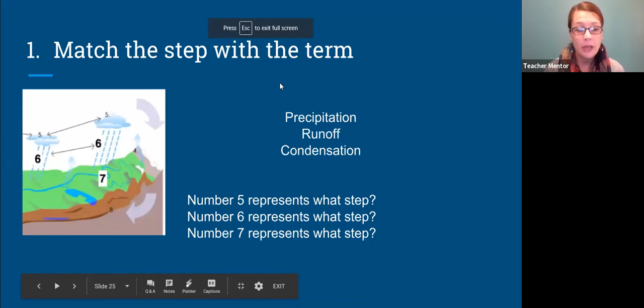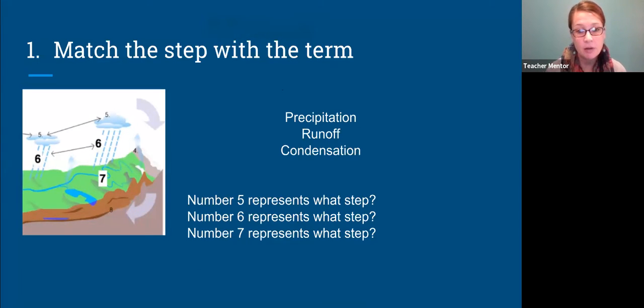Okay, so we have part of the water cycle on your screen right now, and we have precipitation, runoff, and condensation to choose from. So if we look at the image, number 5 represents what step? Which of precipitation, runoff, or condensation does number 5 represent? And I'm going to ask why.